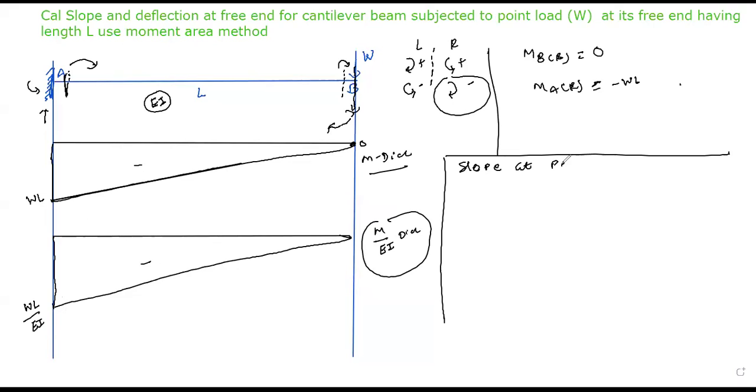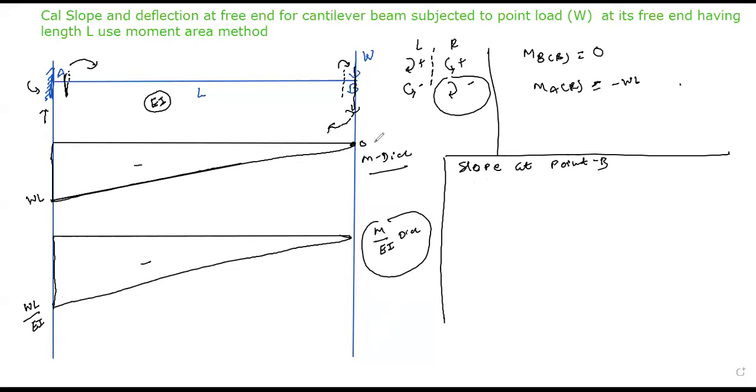Slope at point B. Let me calculate slope at point B. So as per our discussion, to calculate slope, we will apply theorem number 1, and we will consider area of the M by EI diagram to calculate slope between 2 points. Now, which 2 points to be considered?